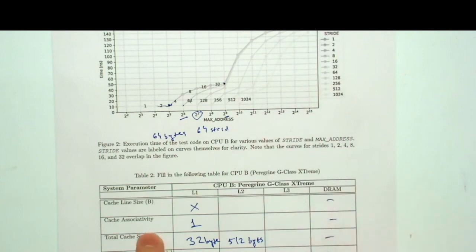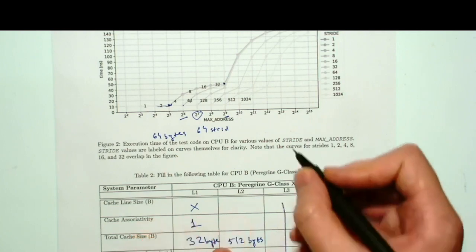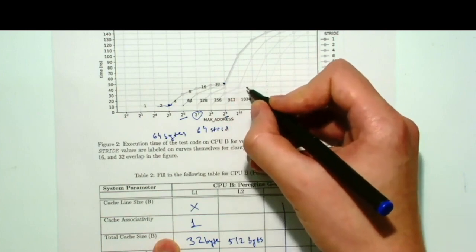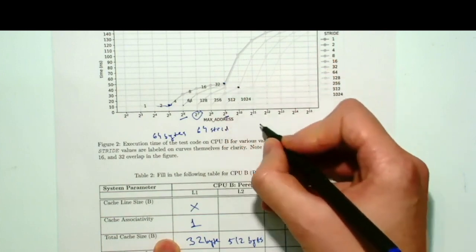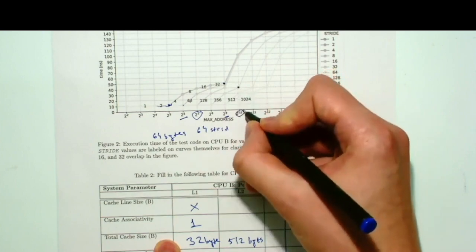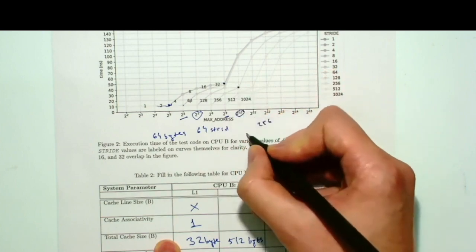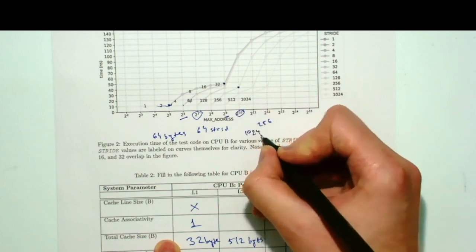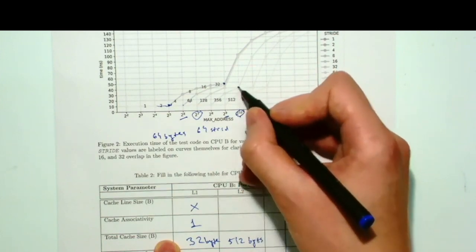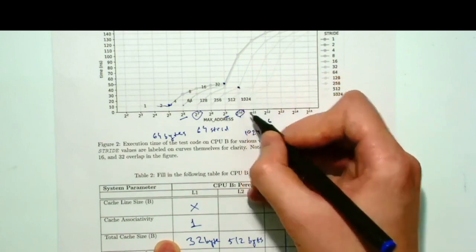For the associativity of the second level of cache, we can again do the same. We can look at this point over here, where for stride 256 and the max address of 1024, the latency is preserved, right? So this is the L2 latency in this case.